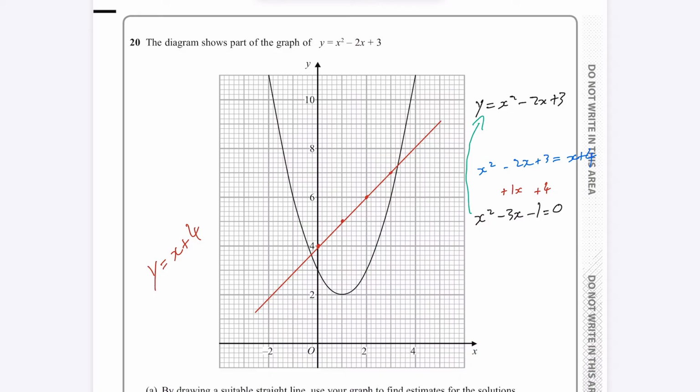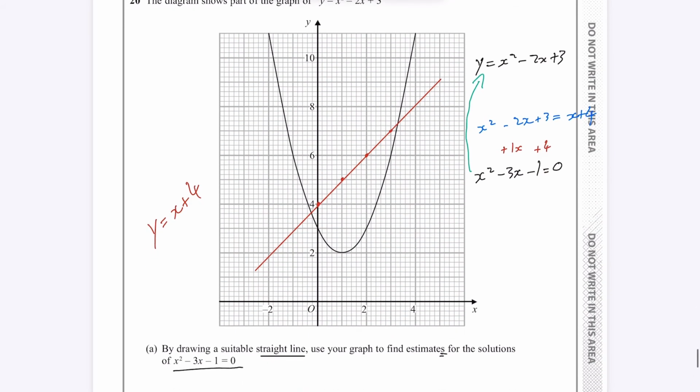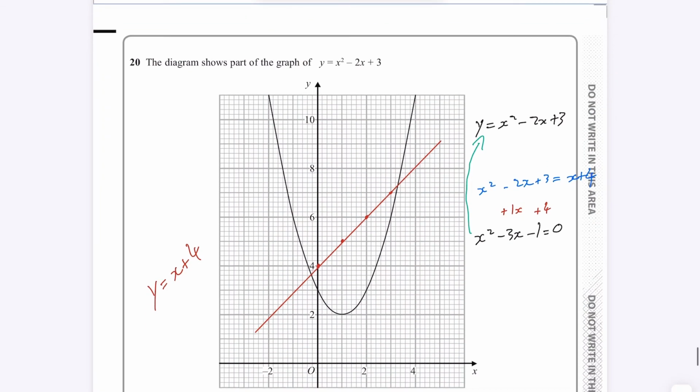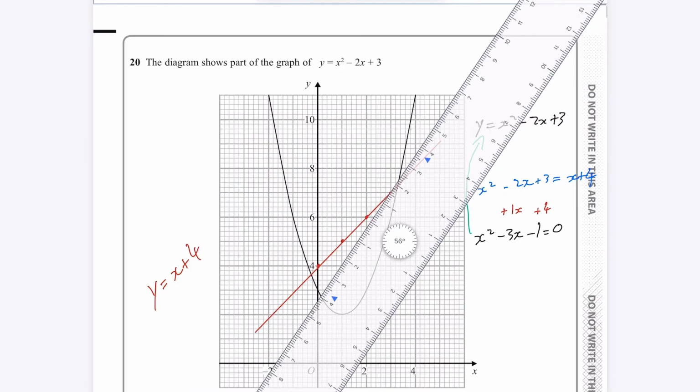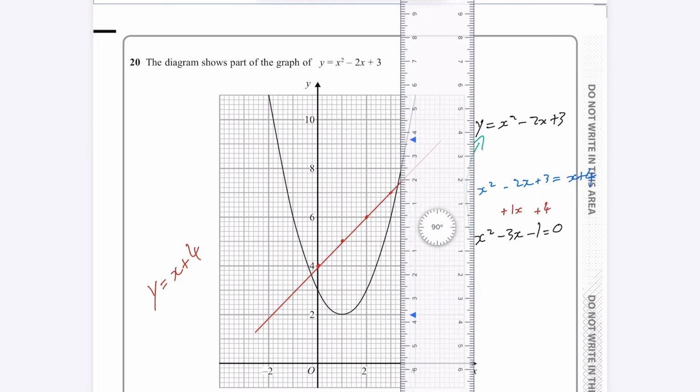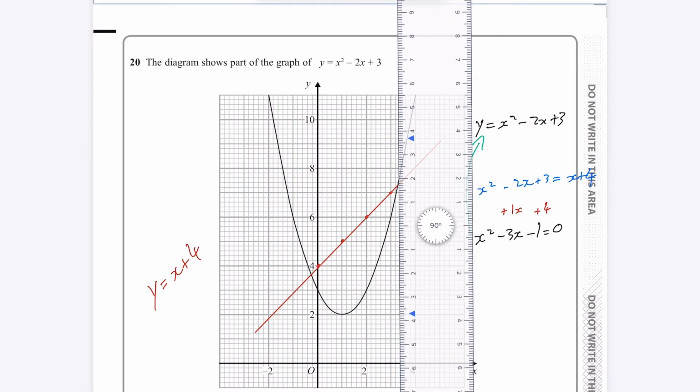And then it says when this is equal to 0. So the estimates of the solution are when this crosses that line. So it crosses, and again, we want to be a bit accurate. So it crosses right there, which is around 2 point, no, sorry, it's not 2 point, it's 3.3.